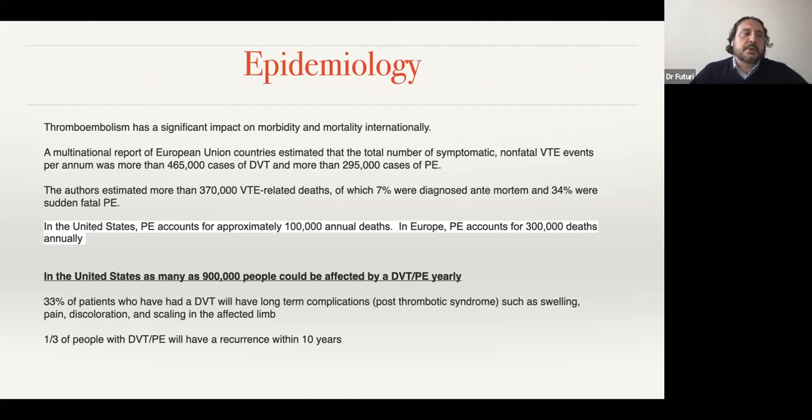In the United States, pulmonary embolism by itself accounts for about 100,000 annual deaths. And here in the United States, we see close to 1 million cases of DVT and PE yearly. About 33% of patients who have a DVT can have long-term complications, what we call post-thrombotic syndrome. And about a third of people with DVT and PE will have some type of recurrence in about 10 years.